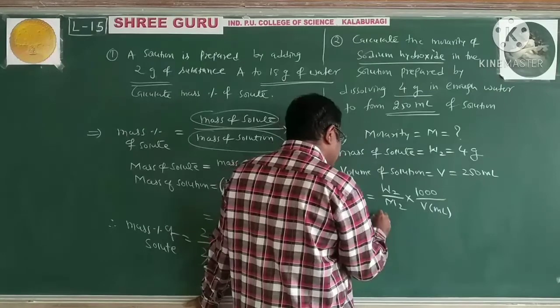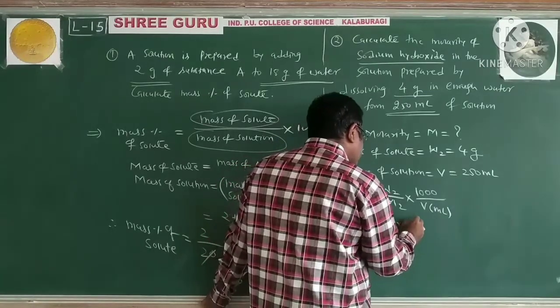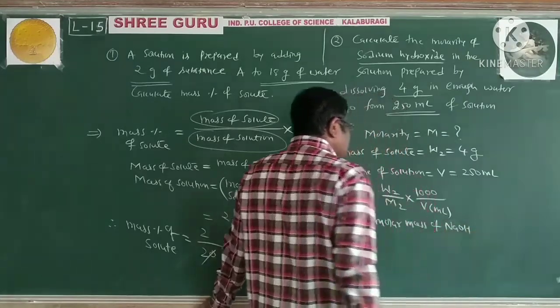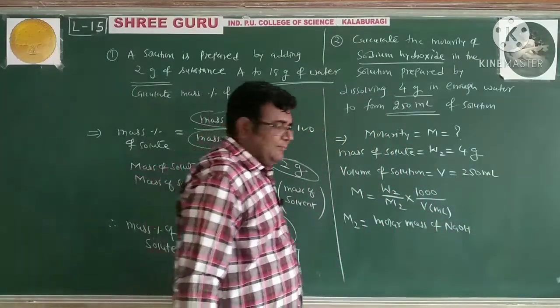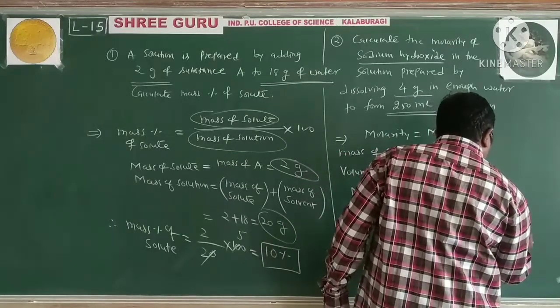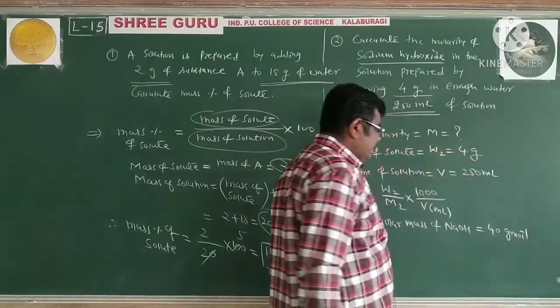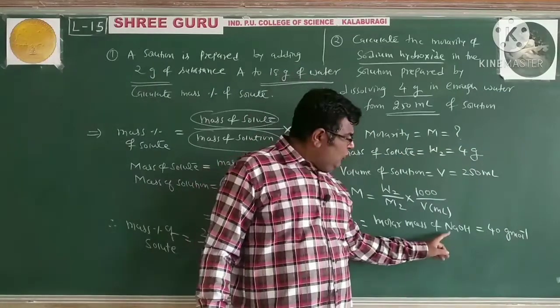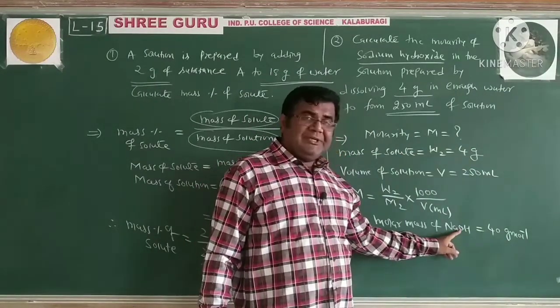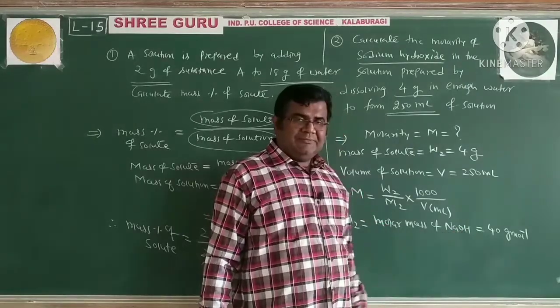M2 is nothing but molar mass of sodium hydroxide, which is nothing but 40 gram per mole. How 40 gram per mole? Sodium is 23, oxygen is 16, hydrogen is 1.